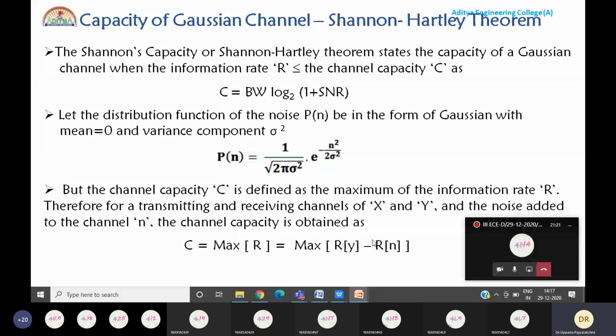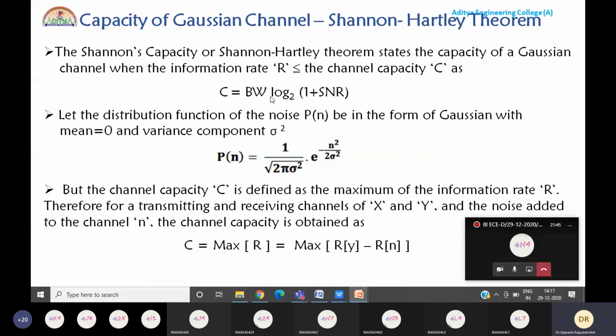Using this relation, the maximum of R of y minus R of n, first we will calculate R of n, and similarly we will calculate R of y, and substitute the difference in this expression. The maximum of the difference is nothing but our channel capacity, and you will get it as bandwidth into log 1 plus SNR, base 2.